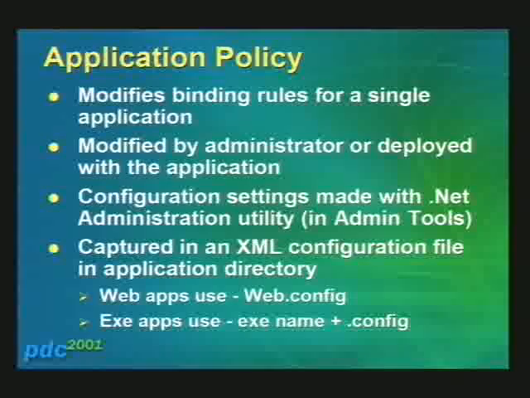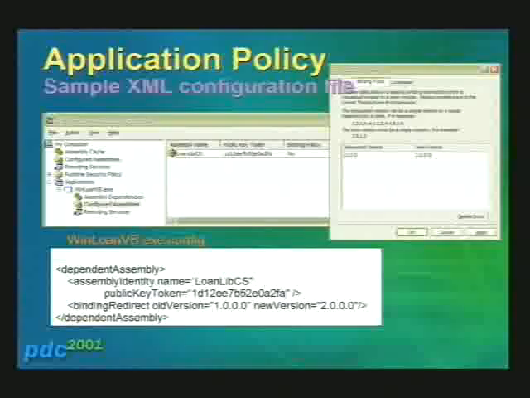So in the example I just had, it was winloanexe.config. In the case of web apps, it's called web.config, and it's in the bin directory for that web application. A little different naming mechanism. So I have the ability to use this tool to set binding policy, and that actually generates a config file that gets stored in the application directory.